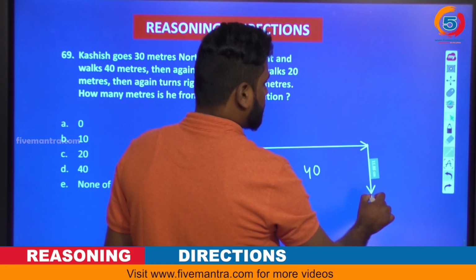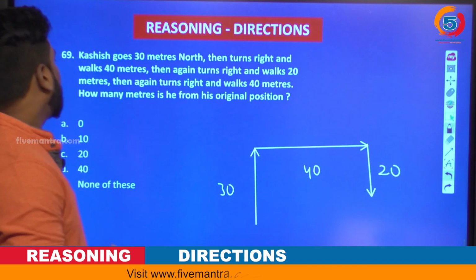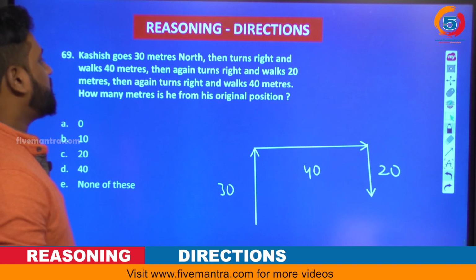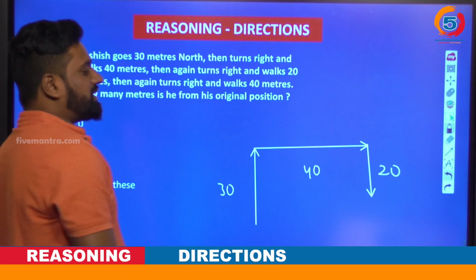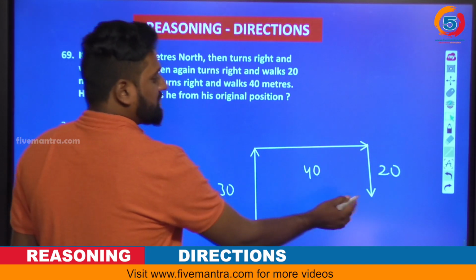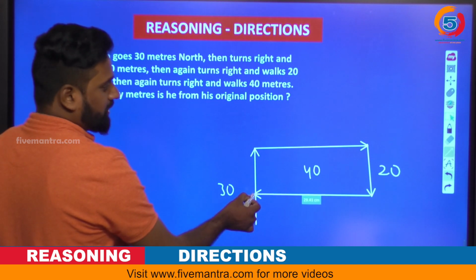Suppose this indicates 20. Then again turns right and walks 40 meters. So again right side means this is the side. So 40 meters means exactly the same length. You can consider, you will get an arrow like this, 40 meters exactly.